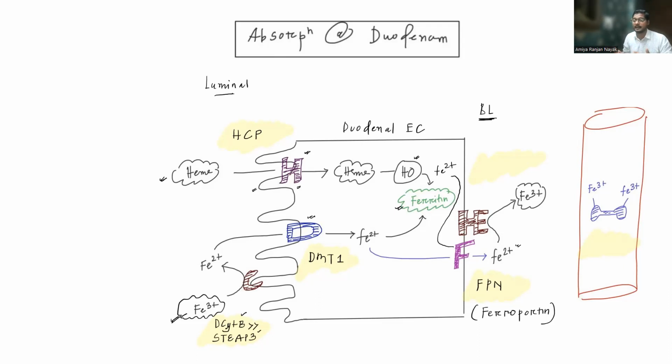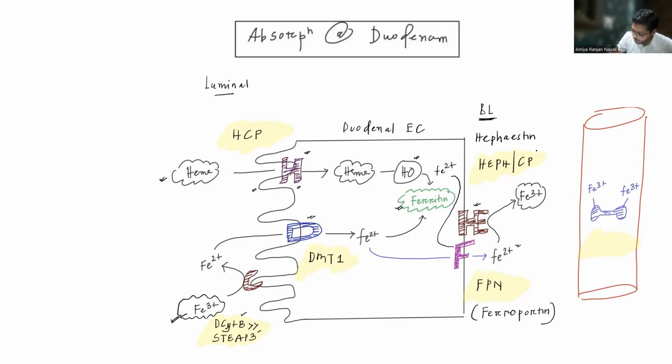Now, who is converting this ferrous form to ferric form? That is known as hephaestin. So we have another protein that is known as hephaestin, and also another protein known as ceruloplasmin. Hephaestin or ceruloplasmin.